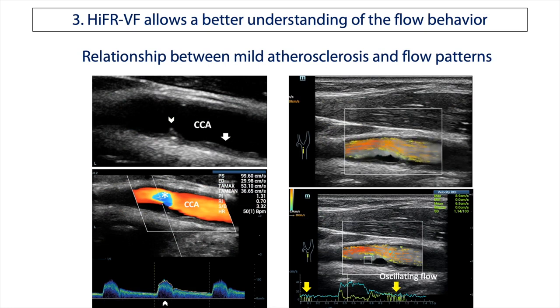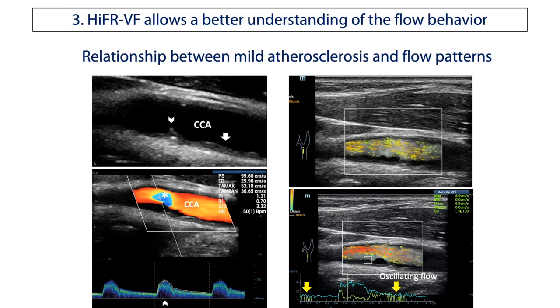Let's consider now the role of V-flow in presence of a low-degree stenosis, in which the increase of velocity is not relevant and the role of a conventional ultrasound Doppler technique is less evident. Generally speaking, V-flow allows better understanding of the streamline's progression and vorticity formation and depicts the hemodynamic influence of some plaques which would otherwise be considered not significant.